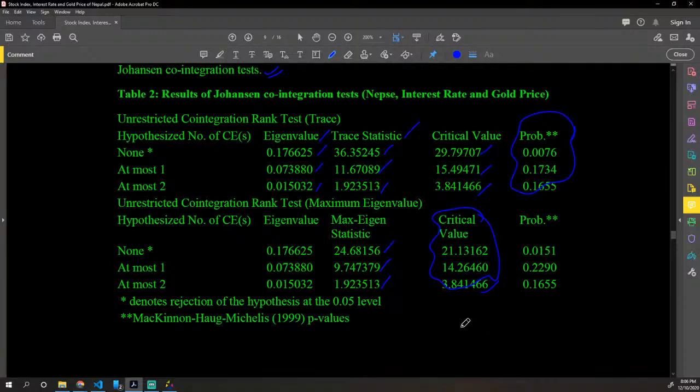And that's what I am interested in. The calculated value is greater.